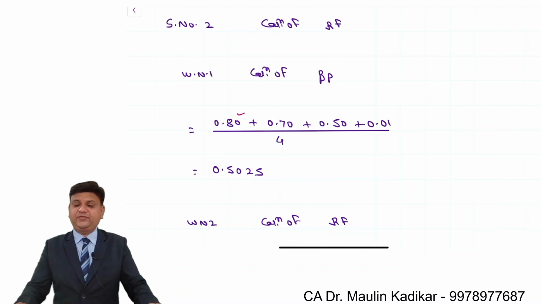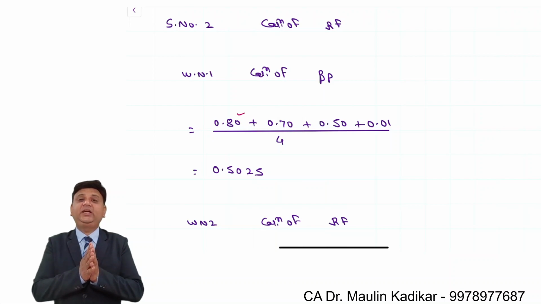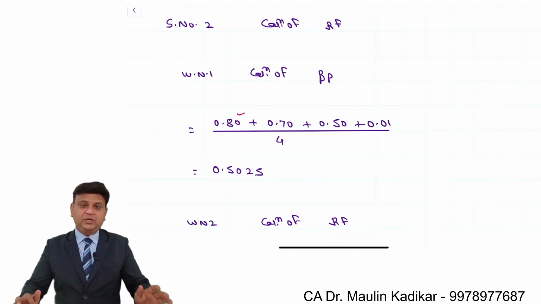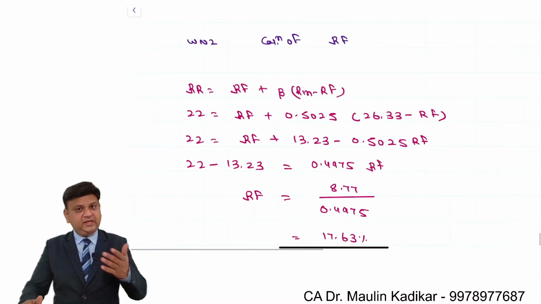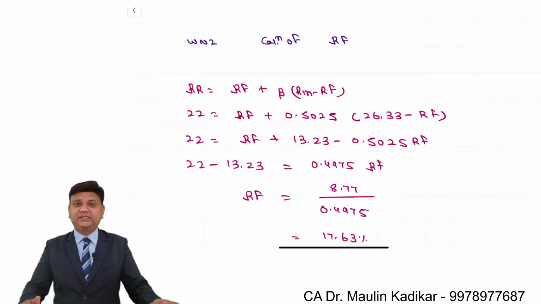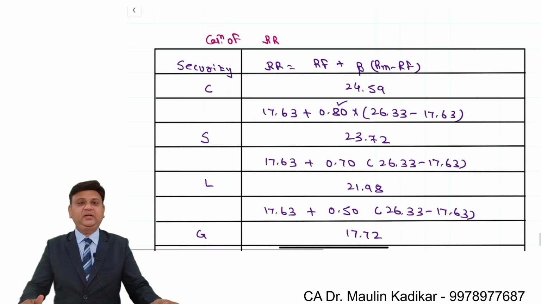The average rate of return is assumed to be a return consisting of these four securities held in equal proportion. So we compute first of all beta of the portfolio, and then we compute the RF as a balancing figure in the required rate of return formula. Once you find the RF, then the required rate of return is calculated.